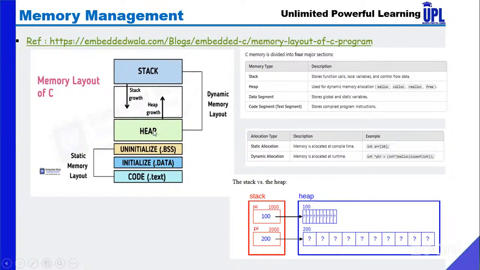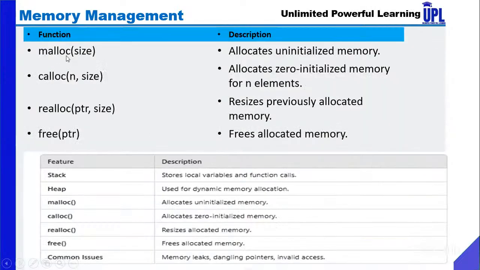When you are doing this in C programming, you have to explicitly tell how much memory size is required. To do that, we have the concepts of malloc, calloc, realloc, and free. Malloc allocates uninitialized memory. Calloc allocates to the size, but also initializes to a 0 value.